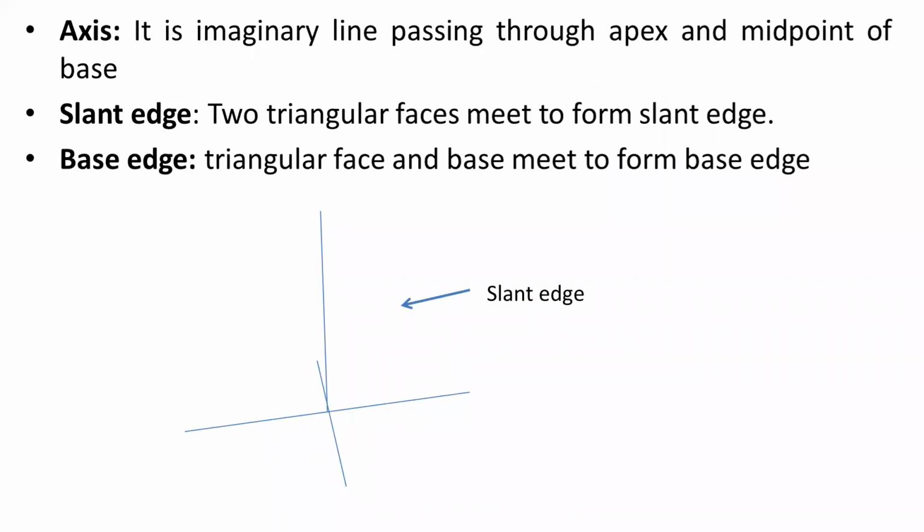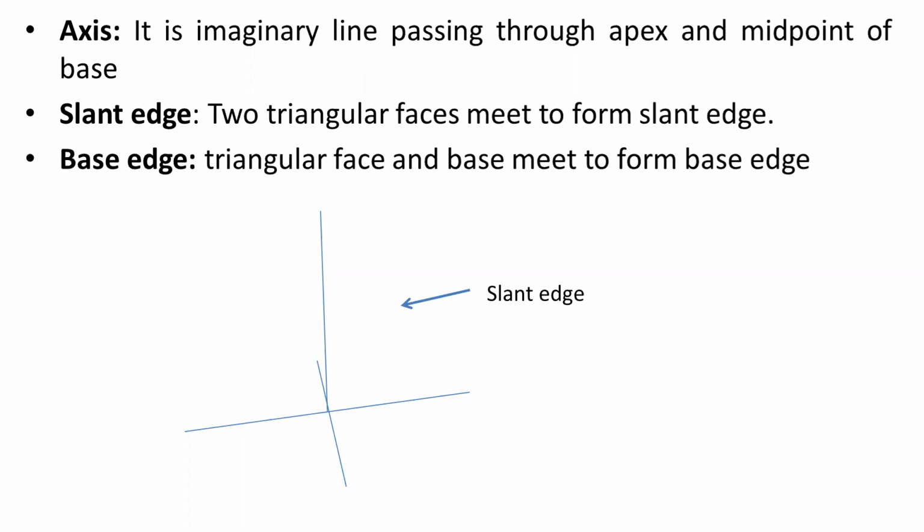So now we will see the terms. The first one is the axis. What is the axis? It is an imaginary line which passes through the apex and the midpoint of the base. Okay. The next one is the slant edge. Two triangular faces meet to form the slant edge. So it is a common line between the triangular faces.